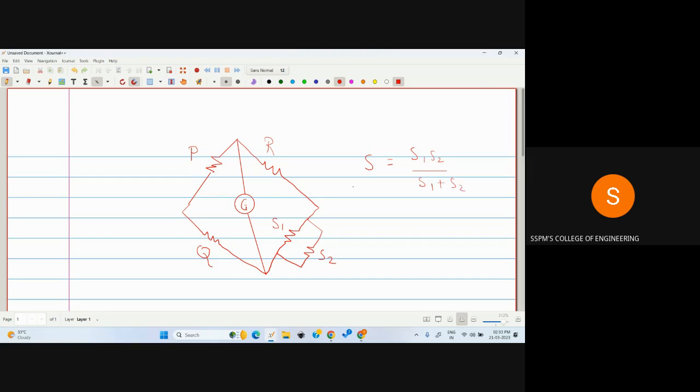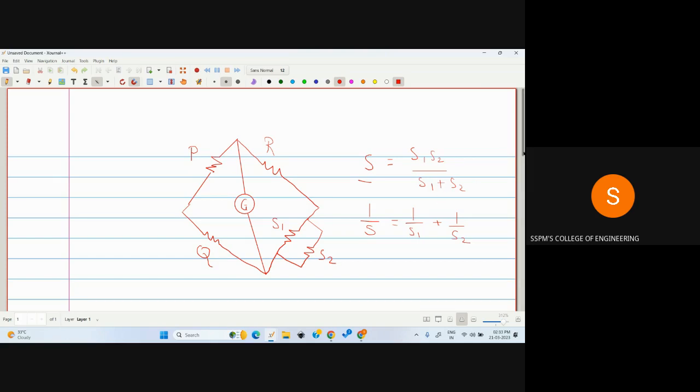We got this equation by using the sum of the reciprocals of the individual resistances. So how can it be calculated? 1 upon equivalent resistance is equal to 1 upon S1 plus 1 upon S2, where S1 and S2 are connected in parallel. After solving this equation, we get S1 S2 divided by S1 plus S2.